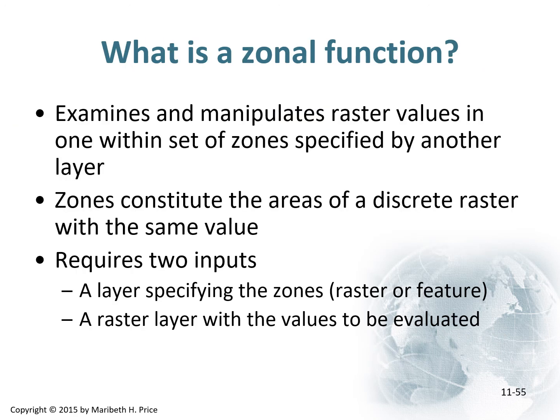Zonal functions are similar, but they're quite different, really. It still has this concept of a window, and it still does the same kind of calculations, and it still moves the same kind of ways. The difference is, with a zone, it's not a set sort of shape like a 4x4 or 5x5 window. You specify the zones, and the zones literally could be another data set, like census blocks or tracts or counties or whatever it is.